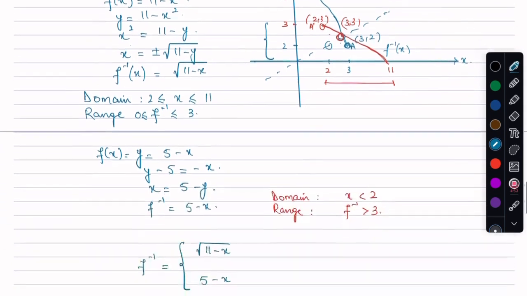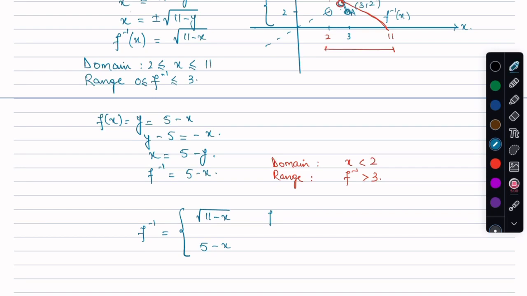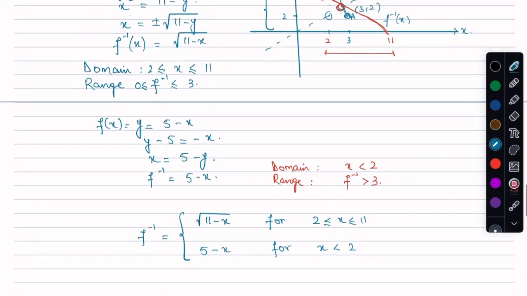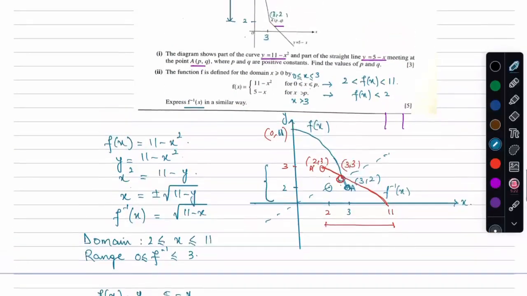The square root of 11 minus x is represented for 2 less than or equal to x, which is less than or equal to 11, and 5 minus x is represented for x less than 2. So this is how I shall be representing the final answer for my f inverse in the same form as they have given us the function itself.